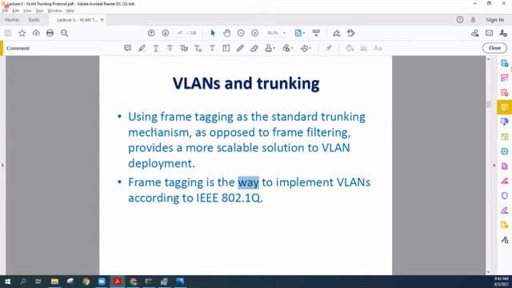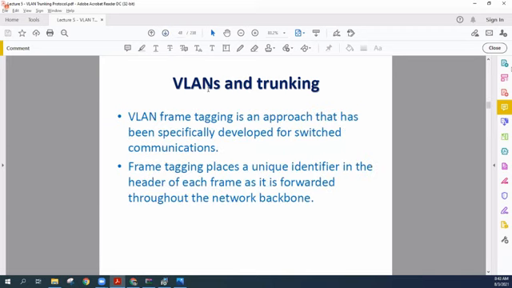Frame tagging is the way to implement VLANs according to the IEEE standard. VLAN frame tagging is an approach that has been specifically developed for switched communication, that means layer 2 communication. Frame tagging places a unique identifier in the header of each frame as it is forwarded throughout the network backbone.